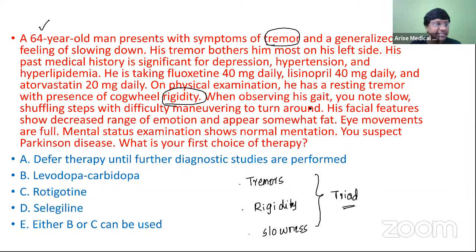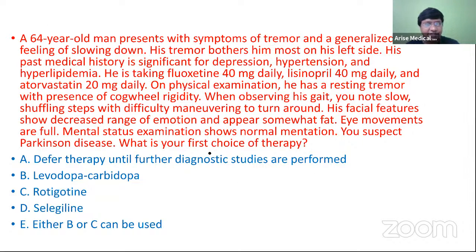So this is a classical case of Parkinsonism, no doubt. Already the question itself is telling you. But the point I wanted to impress upon you is that if the question is asked, what is the first choice of therapy, in the previous days it was levodopa carbidopa.